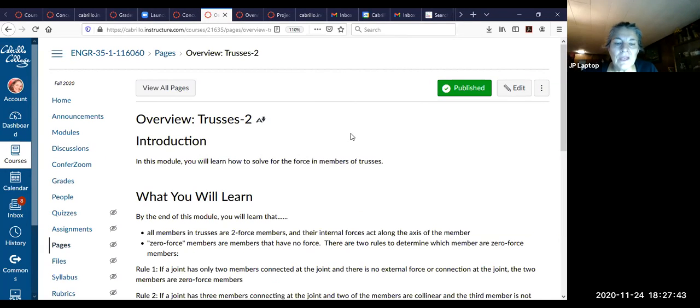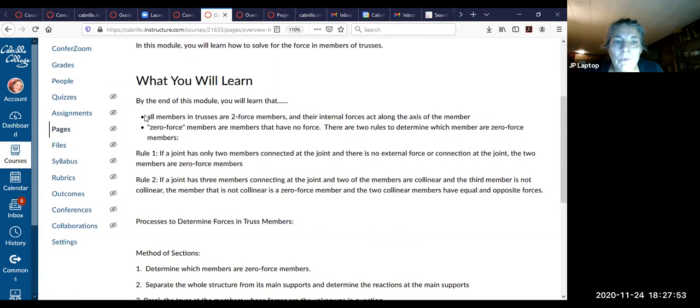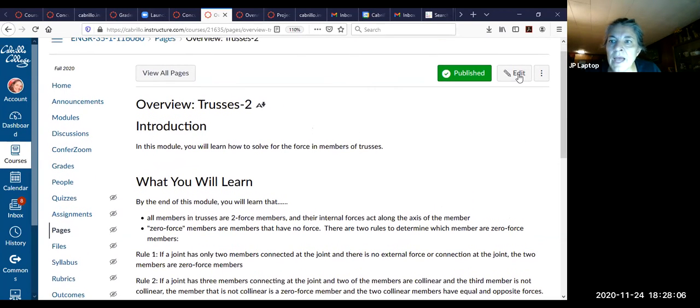I'm going to go back to trusses. Can everybody see the truss overview page? Remember, at the start of every module, there is an overview page. So we did this review at the beginning. All members in a truss are two force members, right? Actually, let's edit this.